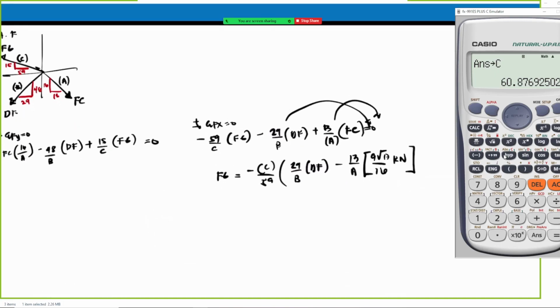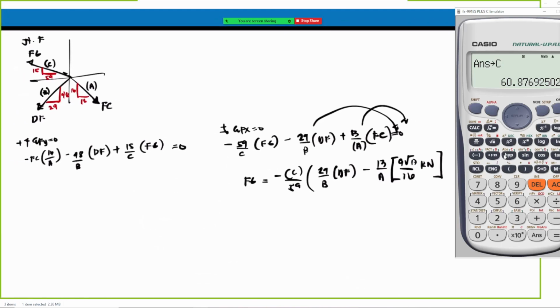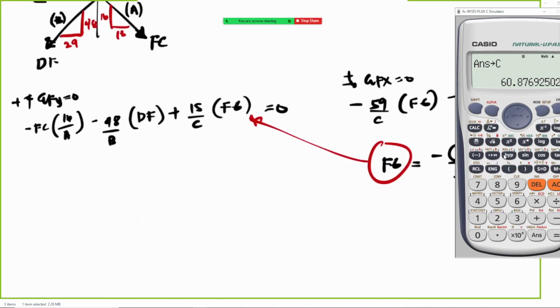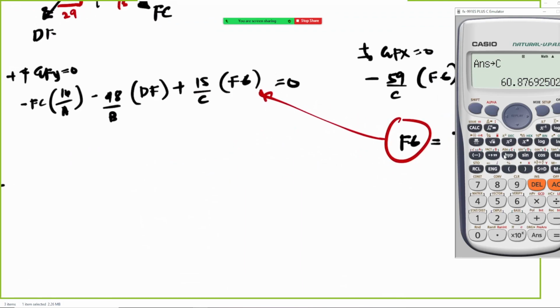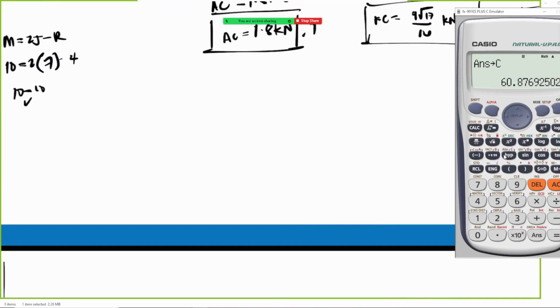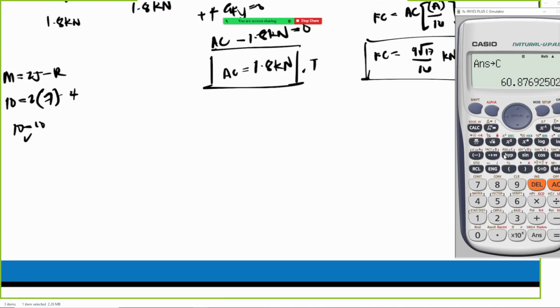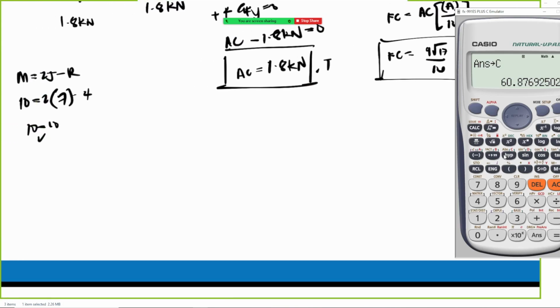Now equate natin yung equation ng FG to this one. So that is negative FC. We have value of FC, 9 square root of 17 over 16.